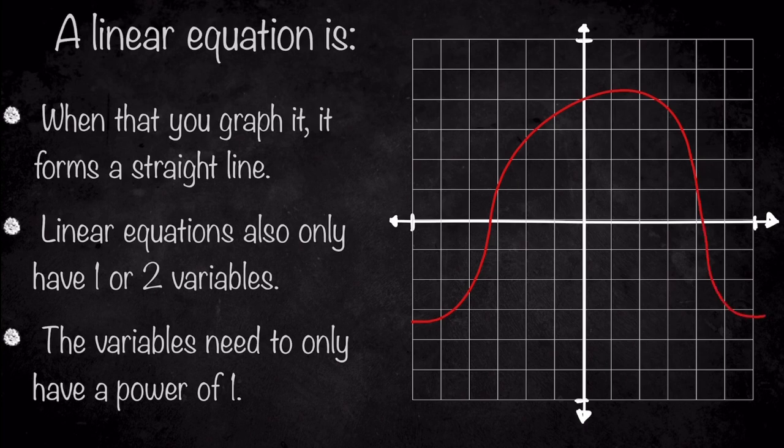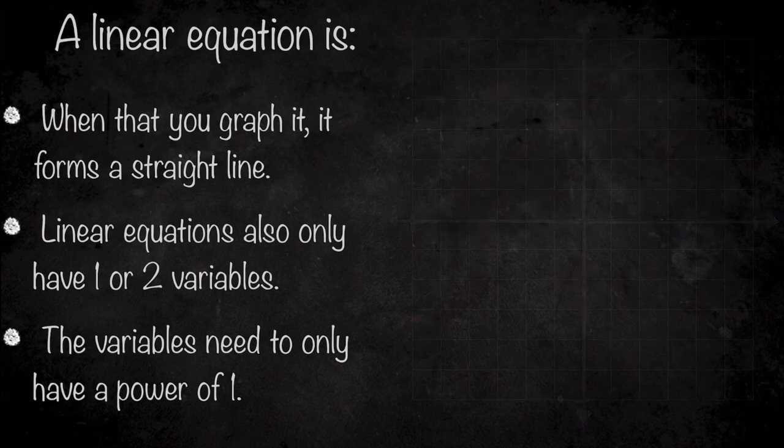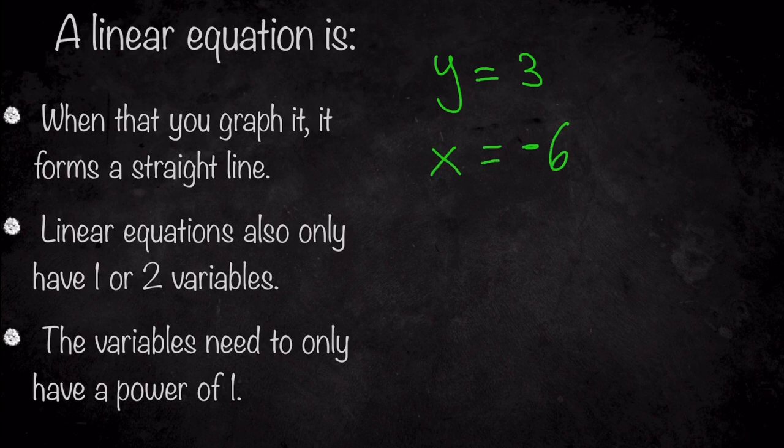Now, next, a linear equation only has one or two variables. So that could be like y equals 3, x equals negative 6, y minus x equals positive 5, right?